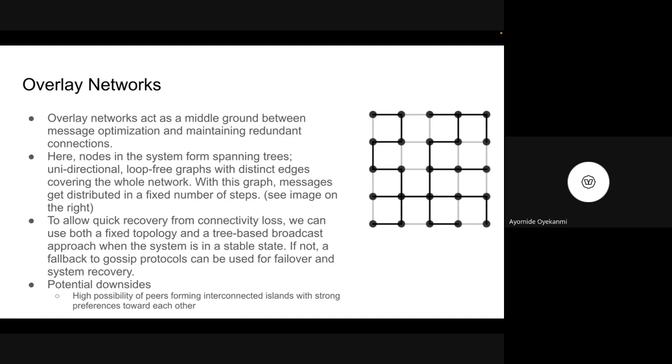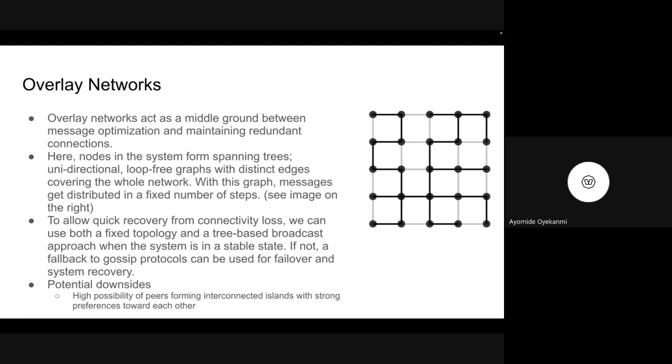So when the book says form a temporary fixed topology, it's like forming specific connections between nodes so that messages get to those nodes, and from those nodes, they can be delivered to all the others around them, right?